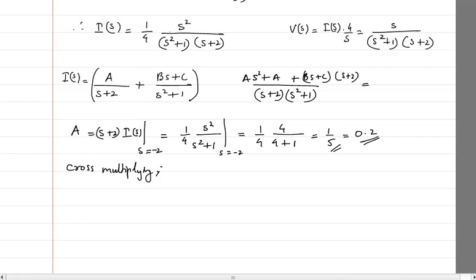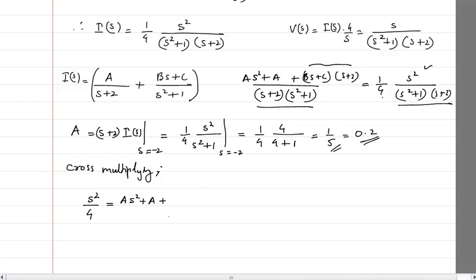And this is going to be equal to 1 by 4 s square by s square plus 1 into s plus 2, correct? Here the denominators are common. So after cross multiplying, I will get s square plus 4 that should be equal to a square plus a. Now let me multiply bs plus c with s plus 2.